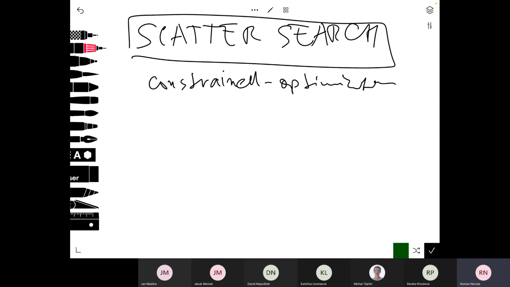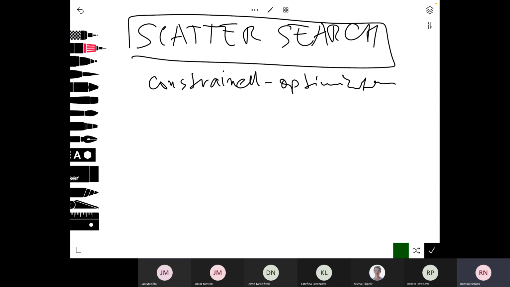So they were trying to optimize some function with respect to several constraints that were basically additional conditions on the function, saying the variables cannot go in this direction, cannot be in this area, and so on and so on. Constraints like that.